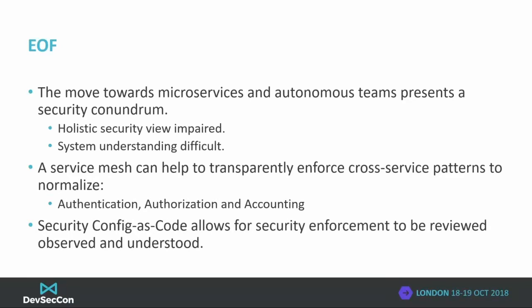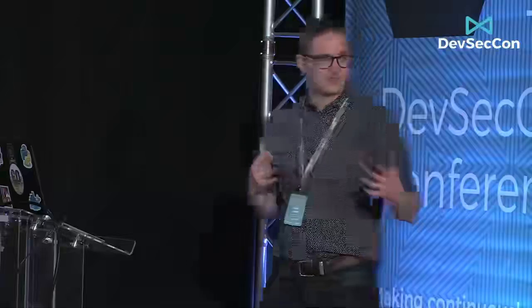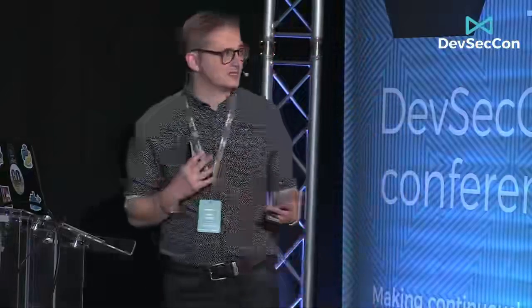That's no longer possible, and it shouldn't be how we're looking to build our systems in future. What that does mean is we have an impaired view of our system from a security perspective, and it makes it very difficult for us to reason. By moving towards a service mesh, we can normalize some of this decision making up a level out of the applications, and we can then self-document and understand our system better.